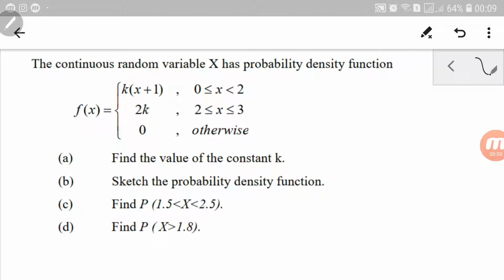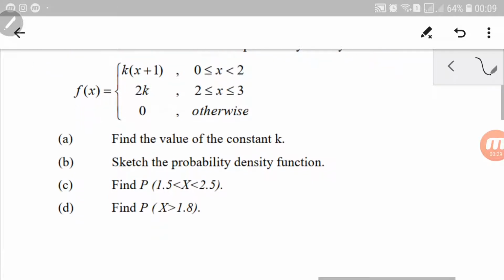In this video, I would like to discuss how to find the value of a constant k from a given continuous random variable, from a given probability density function as the piecewise in the question. Next we will sketch the probability density function, and afterwards we will find the probabilities given by the question. So let's get started.